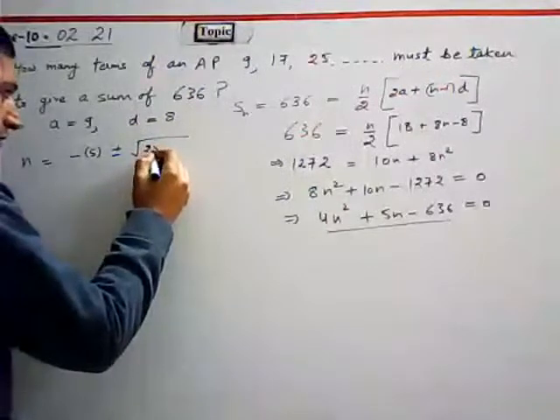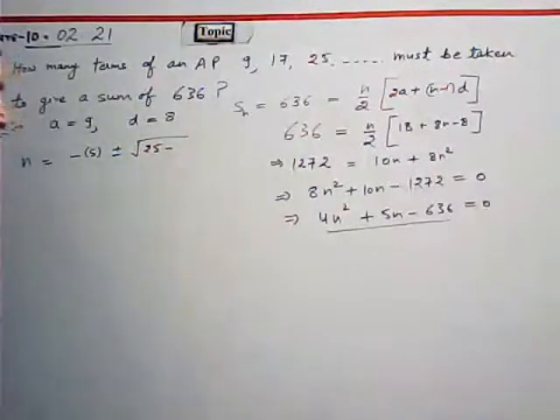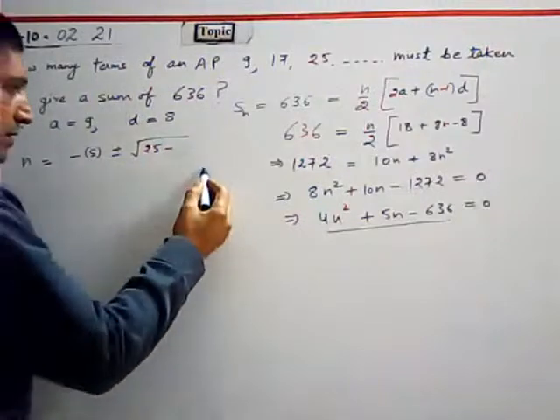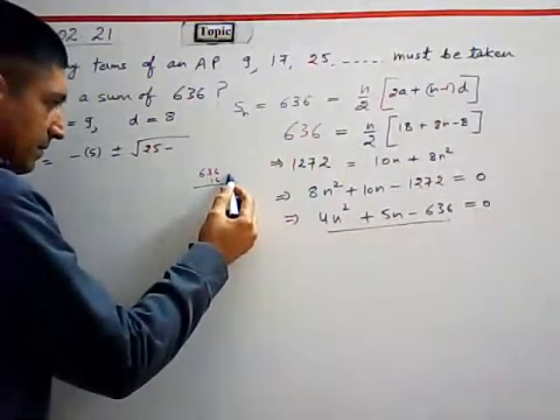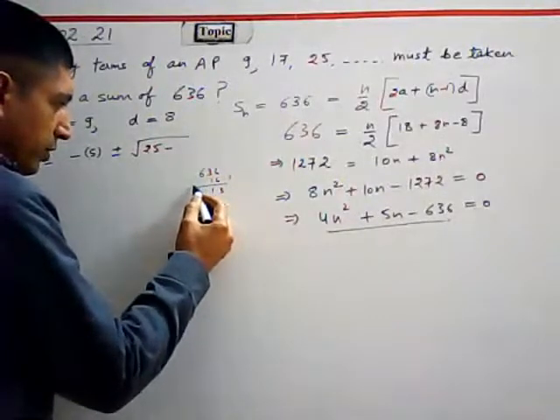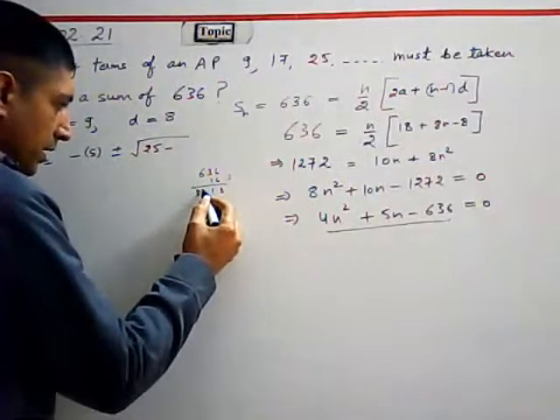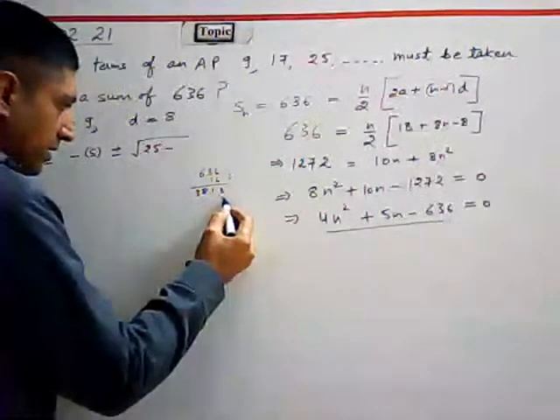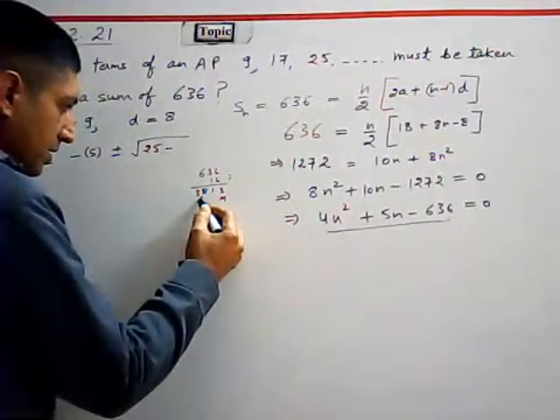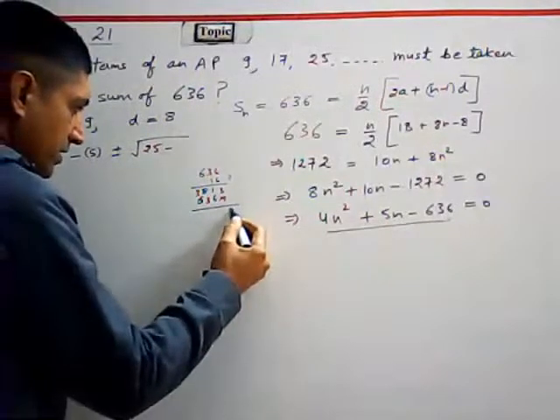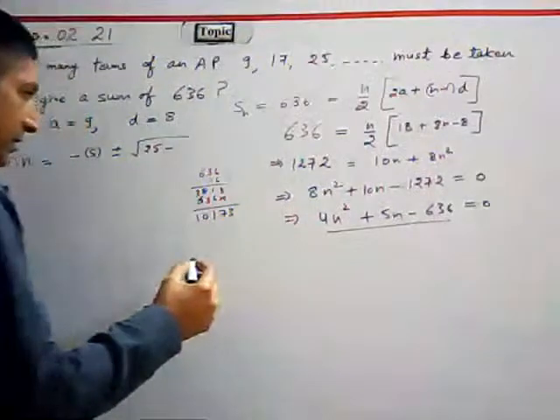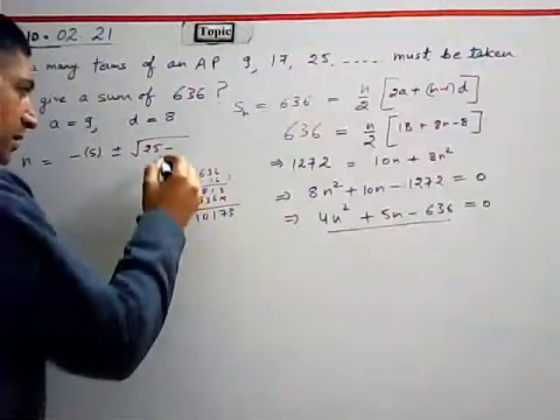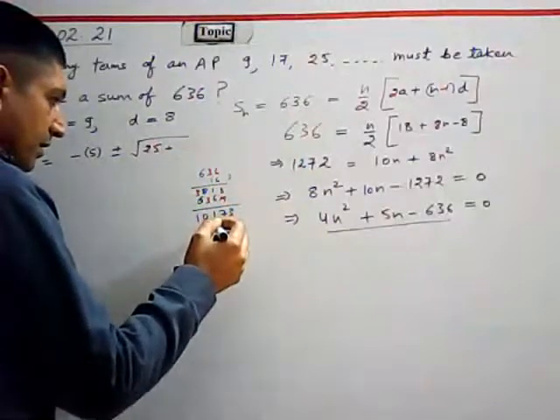So b square is 25, minus 4ac, that is 4 into 4 into 636, that is 636 into 16. So here minus minus will become plus, right?